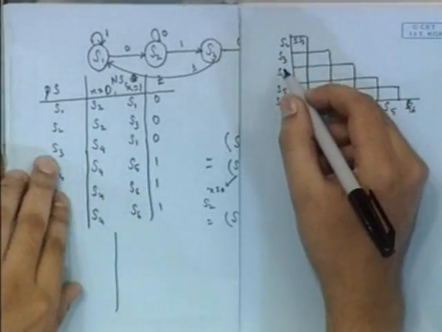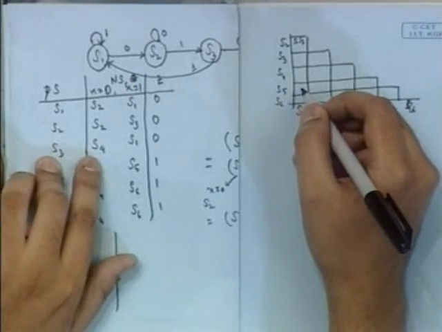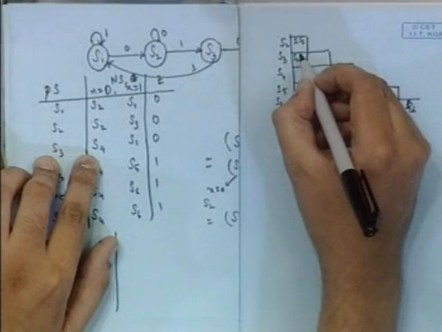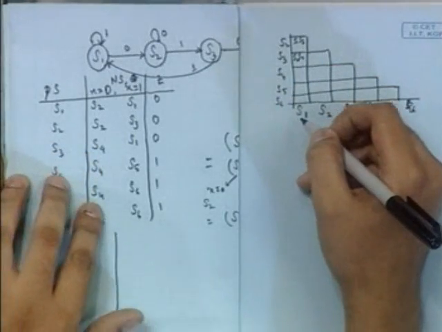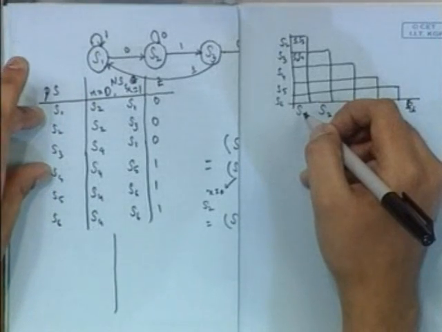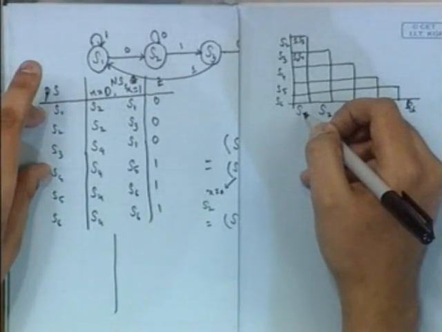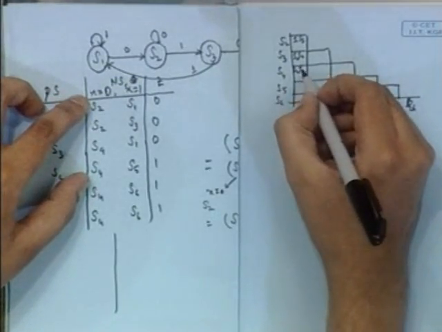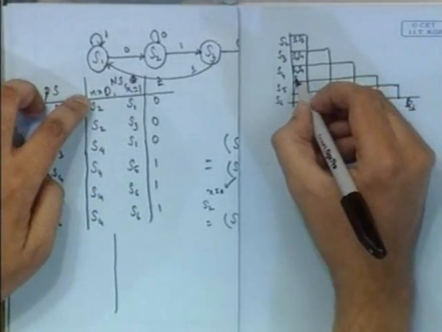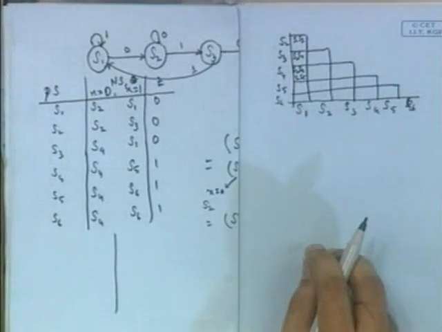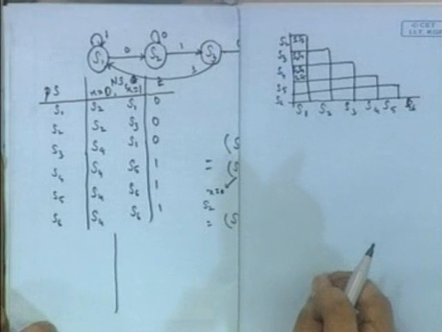S1 and S3 will be equivalent if S2 and S4 are equivalent. S1 and S4 are equivalent if S2 and S4 are equivalent and S1 and S5 are equivalent.